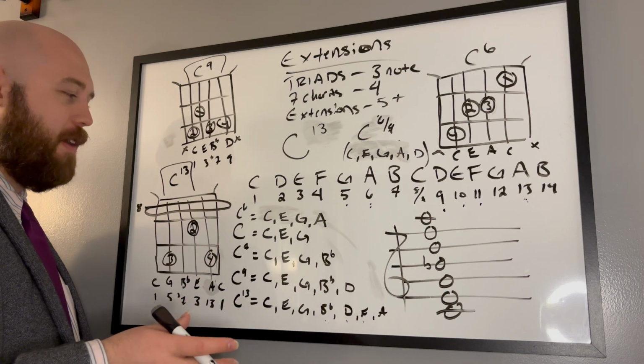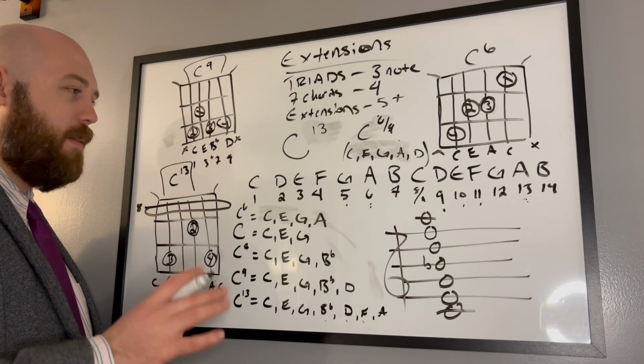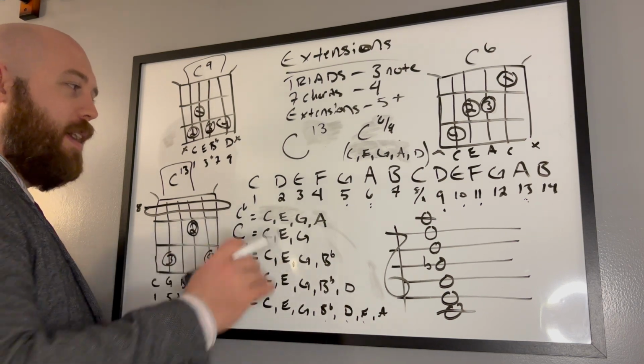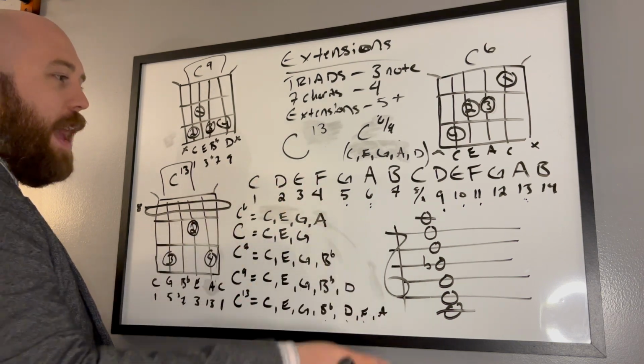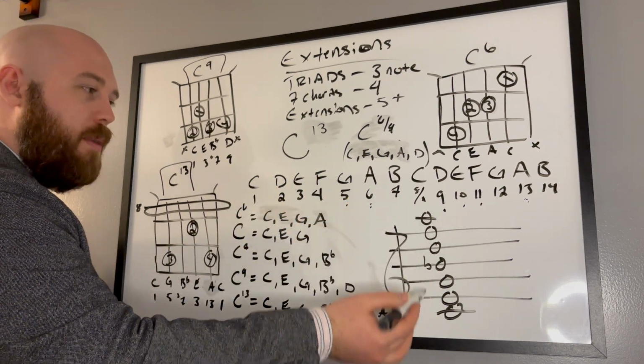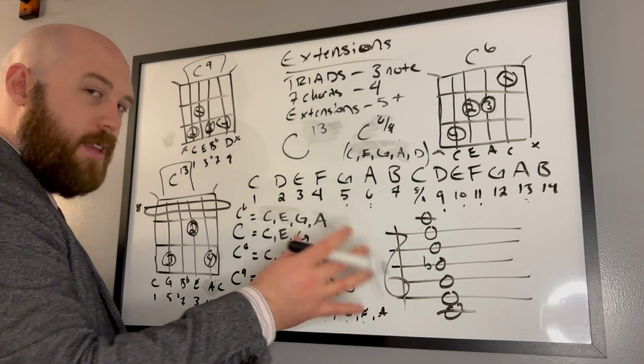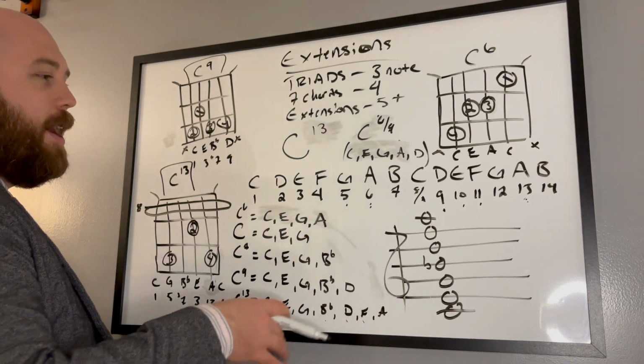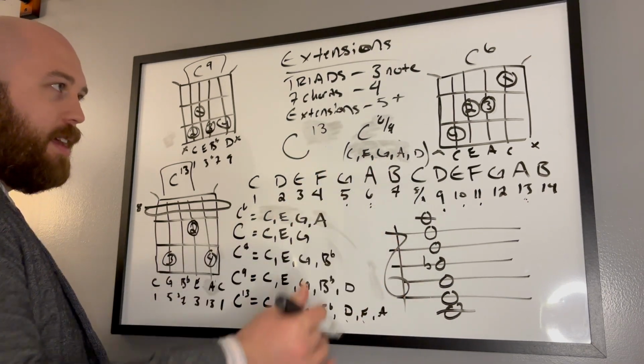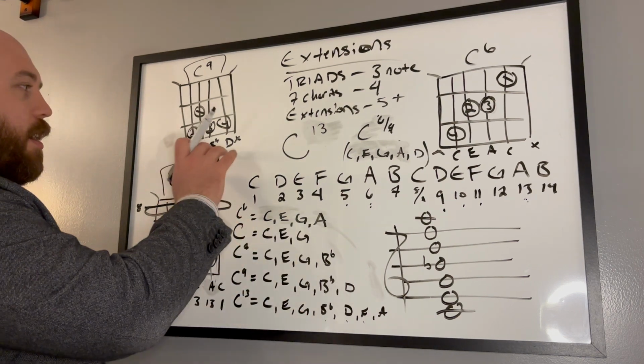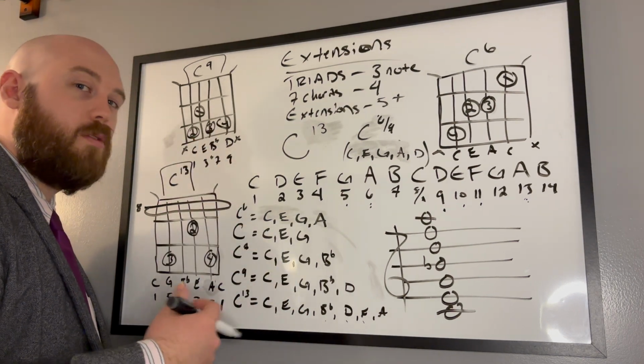This is enough information for today, I think. But just to recap, extensions above 7, you're adding them on top, and they assume everything that came before it is in the chord. This is how they're written. They're stacked on top. However, on guitar, we have to pick and choose what notes go in.